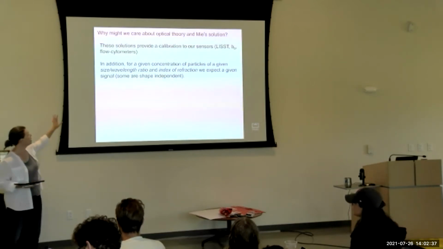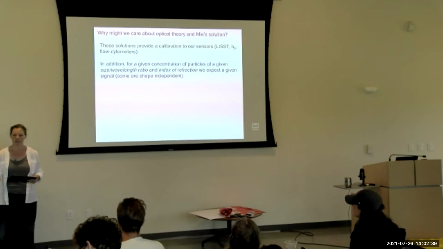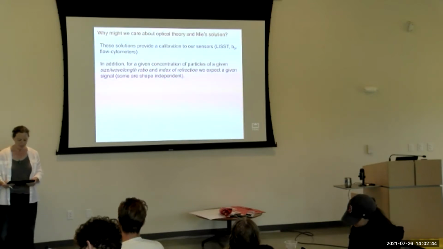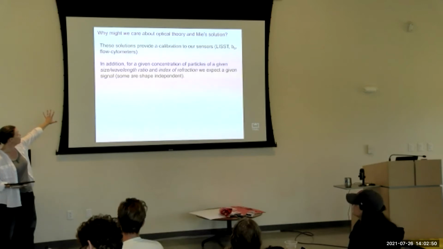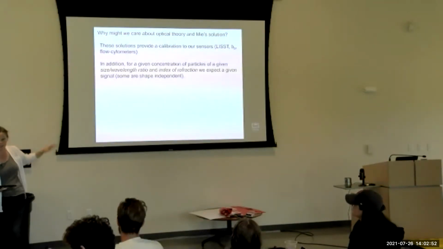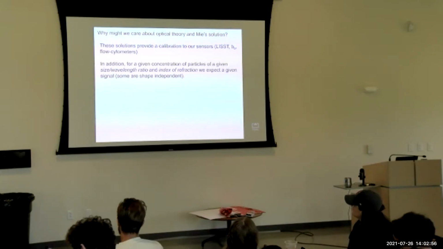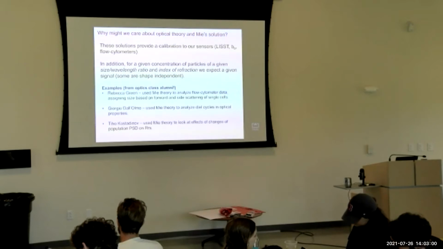So this theory actually helps us calibrate our sensors and allows us to compare them. We also expect a given signal for different particles of a given size and wavelength ratio, right? So we can make a prediction for what we would expect to see for these model particles.